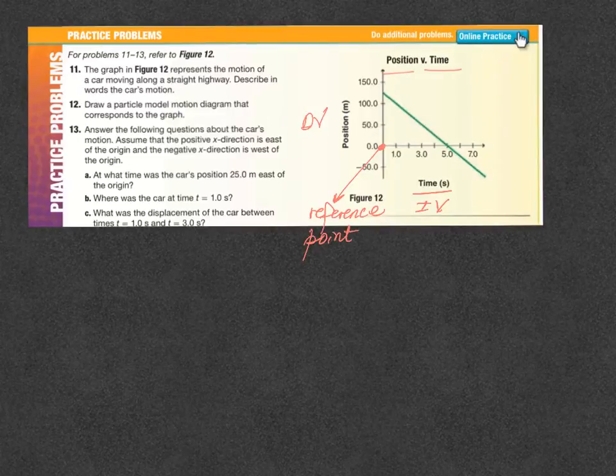We were talking about that the other day. Anything to the left is negative, but it doesn't mean that you are walking in a negative number. That means that you are walking in the opposite direction. This one is the east, this one is the west. Remember that position has a magnitude and a direction.